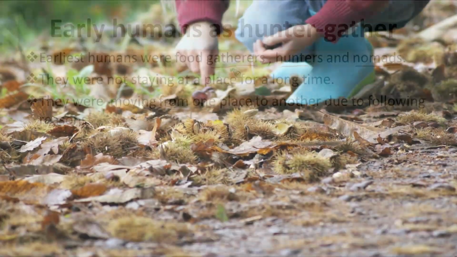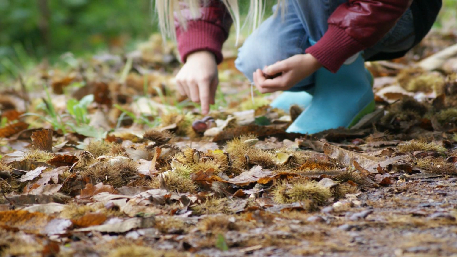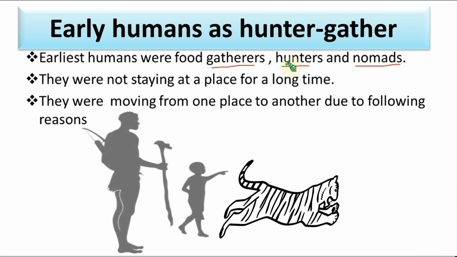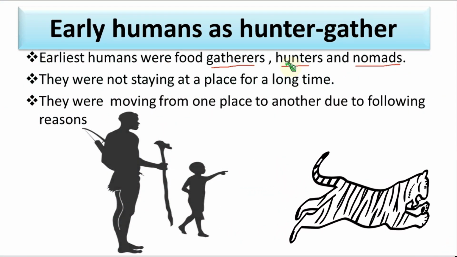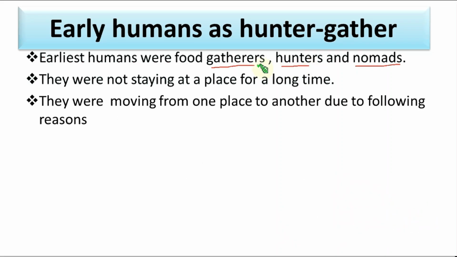Gatherer means at that time early humans were collecting fruits from the forest, or they were hunting animals to satisfy their hunger. And when these things like animals or fruits were finishing, they were moving to another place. They were not living at a particular place, which is called the life of a nomad.